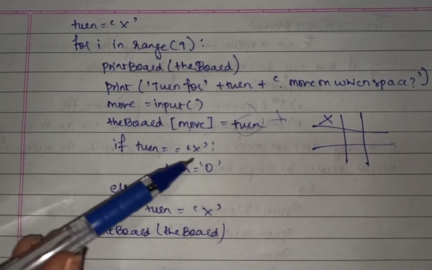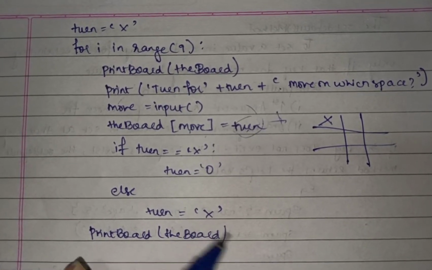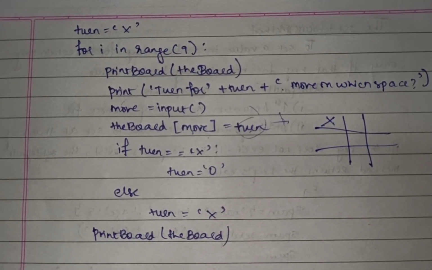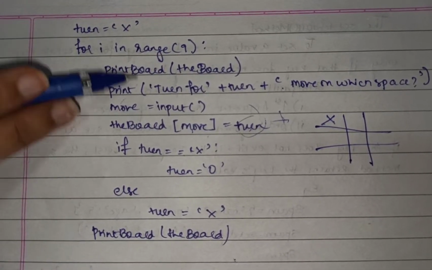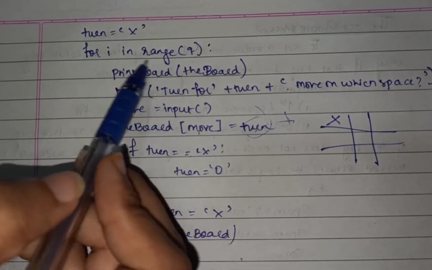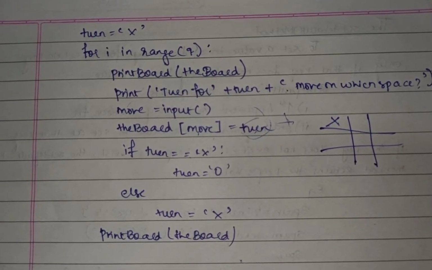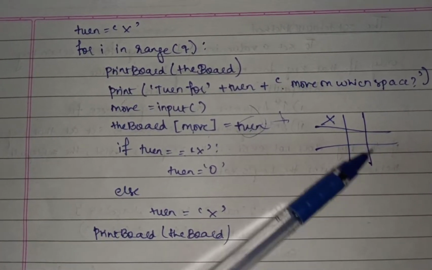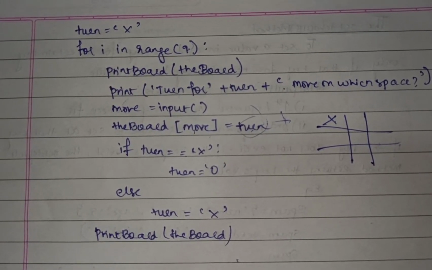If turn equals x, then turn will be 0, else turn will be x. So it indicates who should play next, either x or 0. Then we'll print the board again. This goes on until the for loop condition fails. This will only print the tic-tac-toe board with the x and zeros, and it will not tell who is the winner. So this is about the program, and this is the second chapter of module 2.